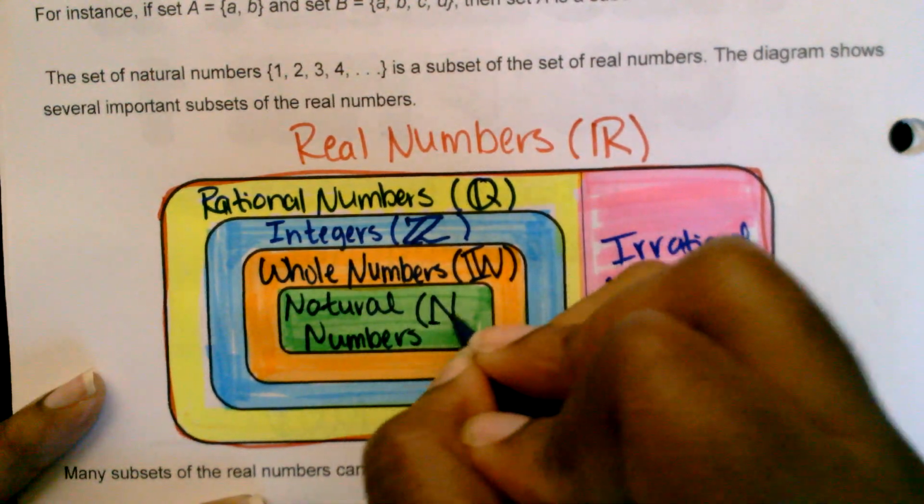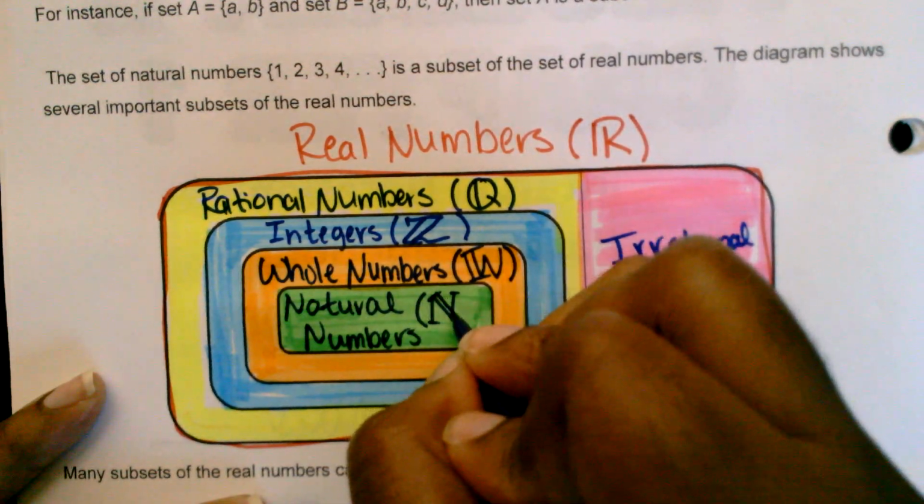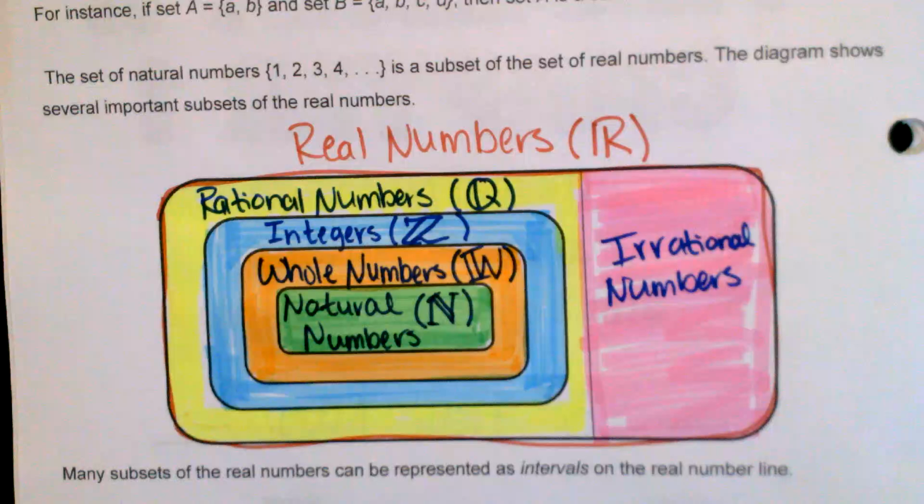This symbol is a double-struck N. So the only difference between whole numbers and natural numbers is that whole numbers include 0? Yep. Excellent job.